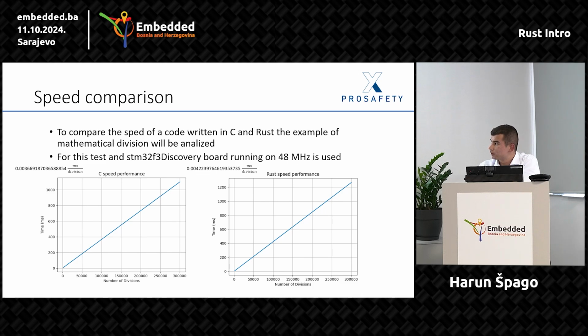The example was done on a mathematical division. I simply wrote a loop, did many divisions, and the speed was, well, pretty much the same. The C side is somewhat faster, but it is nothing significant.